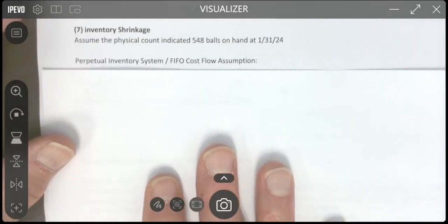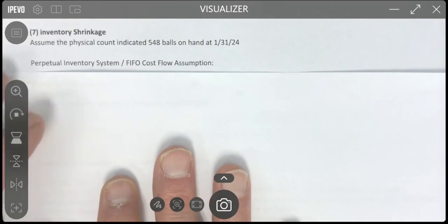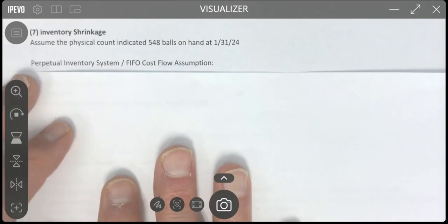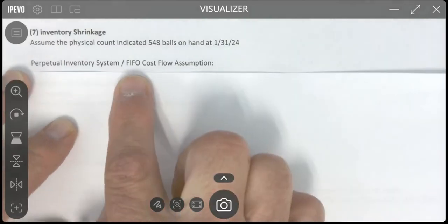Okay, so let's look at how we account for the 2 balls not accounted for, not present at the end of the month that were expected to be there under a perpetual system.